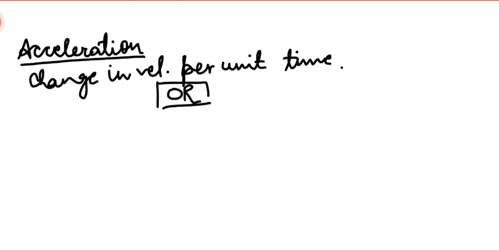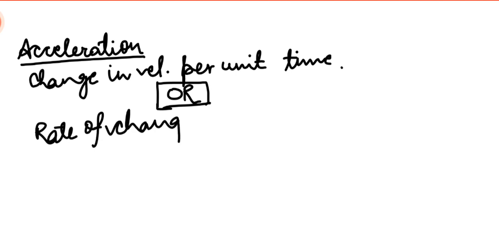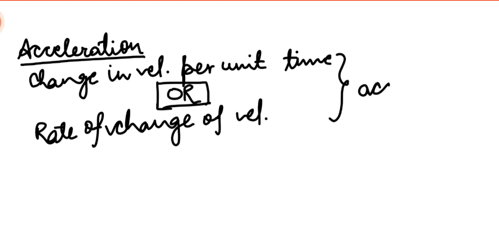We have discussed in the previous video that whenever we talk about the rate of change, we are talking about dividing the quantity by time. So we can also write it as rate of change of velocity, and this is known as acceleration.